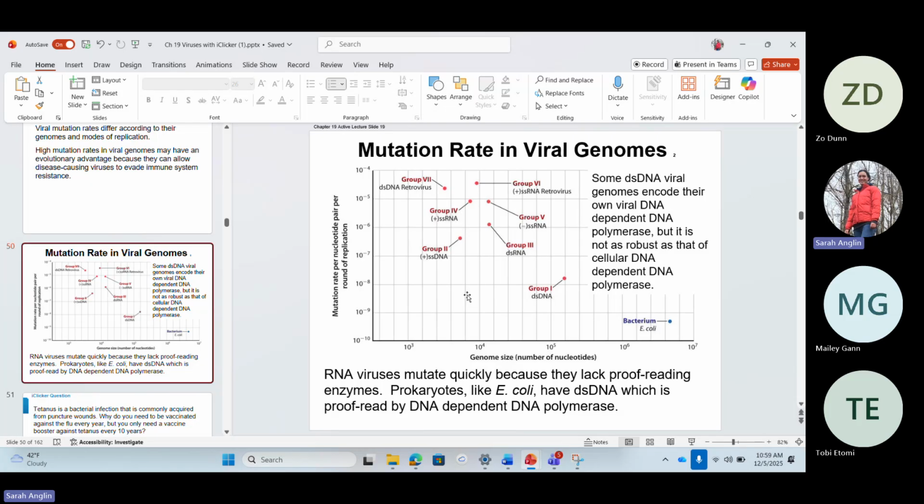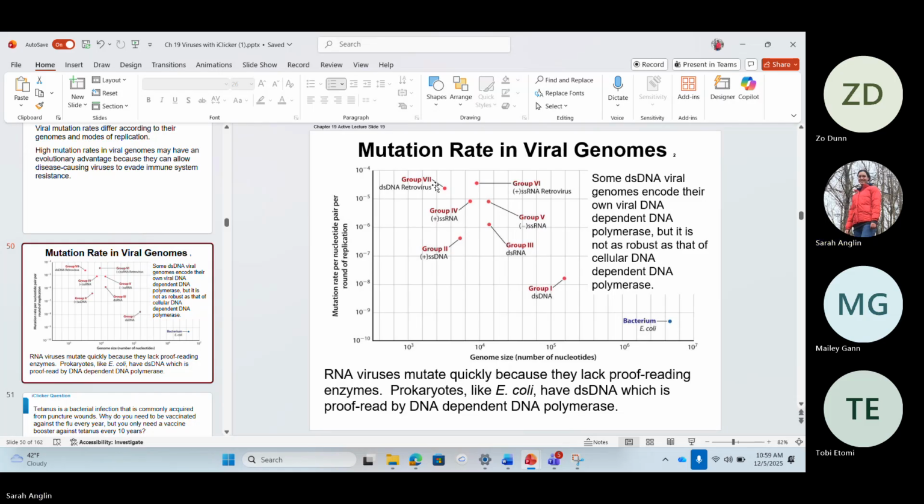On our chart here, we see bacteria. Anything that's higher up on this chart, because this is mutation rate, means a faster rate of mutation. E. coli, a bacterium, is very low in comparison to our viruses. They're a lot higher.